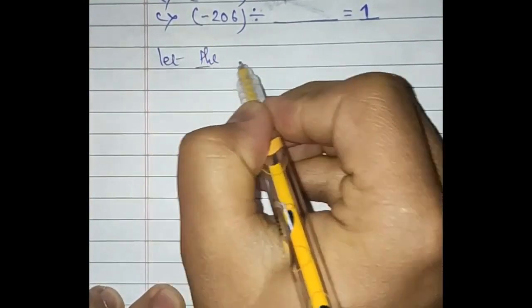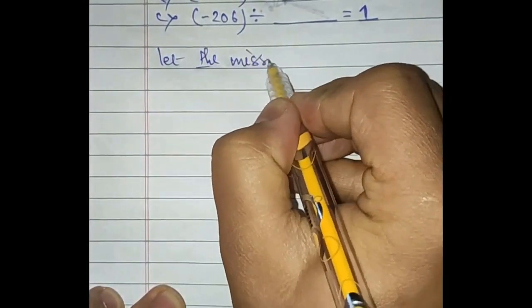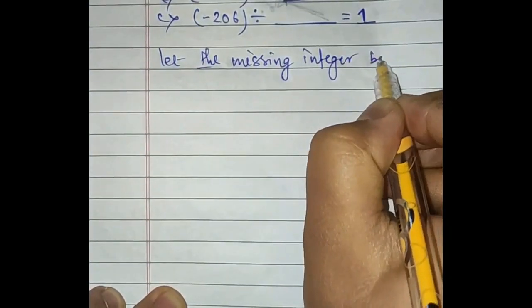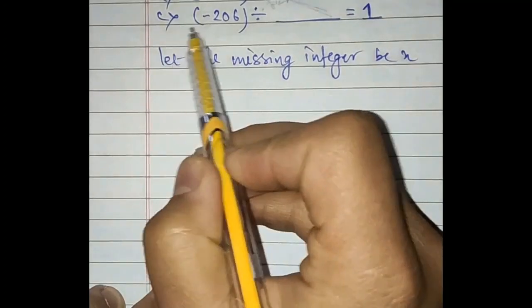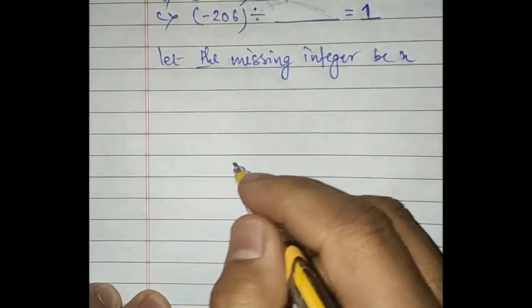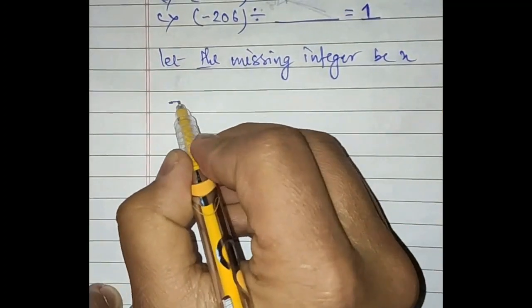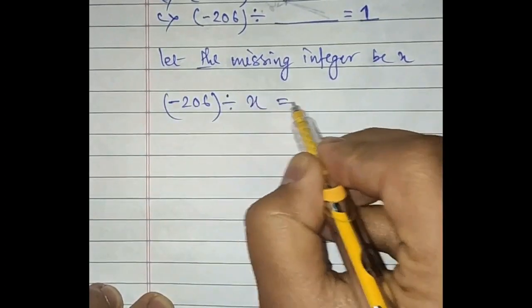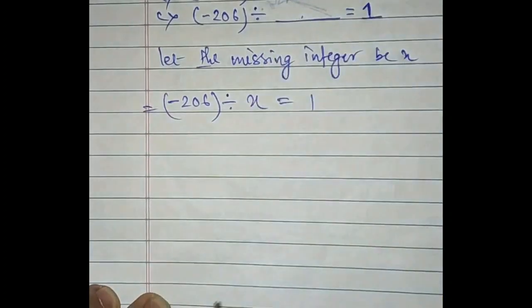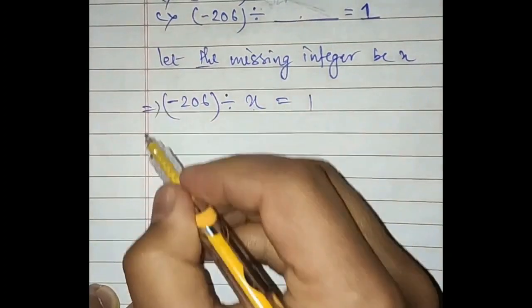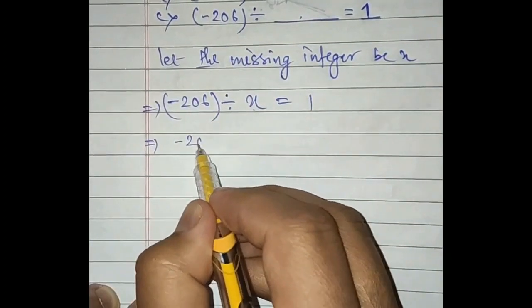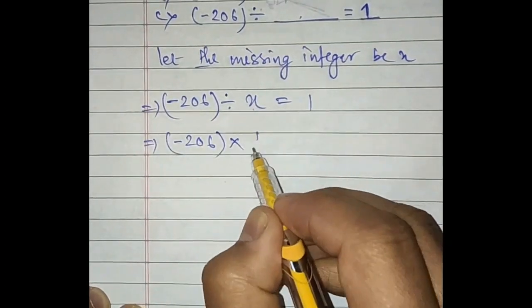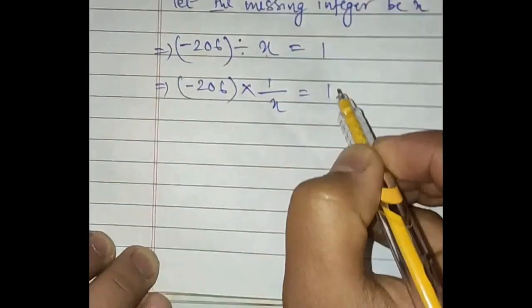Let the missing integer be x. So this is our number C question. Let the missing integer be x. So what we can do, minus 206 divided by x is equal to 1, we can write. In place of this blank, we can write x. We are replacing this, alright. So minus 206, I'm following the same process, into 1 by x is equal to 1.